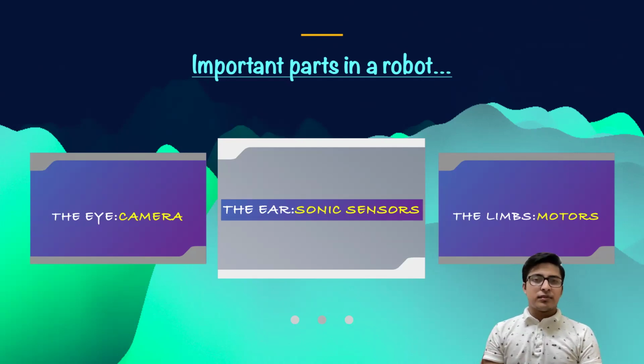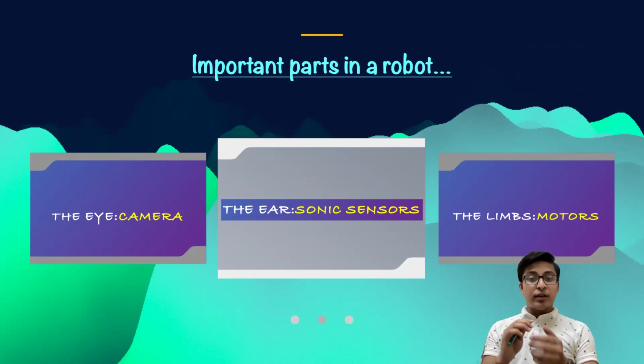The ear. Now, I have written sonic sensors. So it can be any kind of sound sensor. Basically, we use the ultrasonic sensor. I will be using it in future also, while we will be doing some very interesting projects. Okay. Sonic sensors can detect the distance by calculating the time.